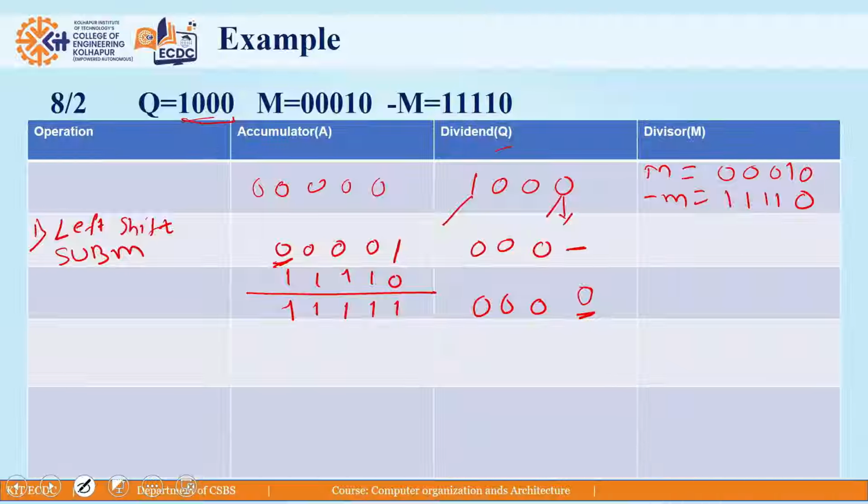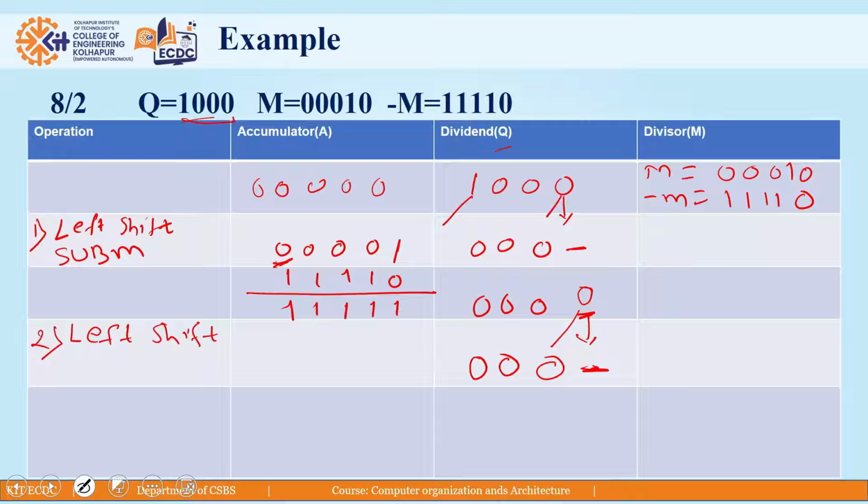Now in the second step, first we do the left shift operation. Again we keep this bit blank, this 0 is shifted to this side, 00, this 0 is shifted to this side, and this 1 is shifted here, 111. Now check the MSB of this accumulator. The value of the accumulator MSB is 1. Whenever the MSB is 1, we do the add M operation.